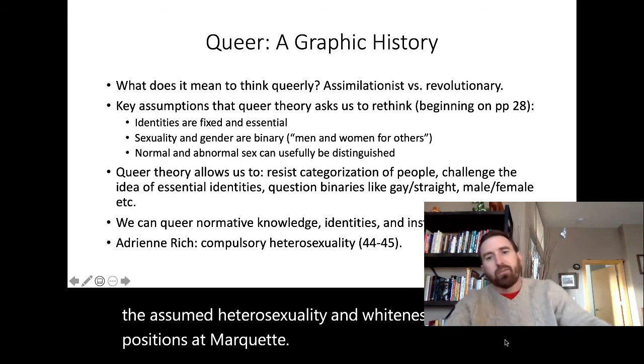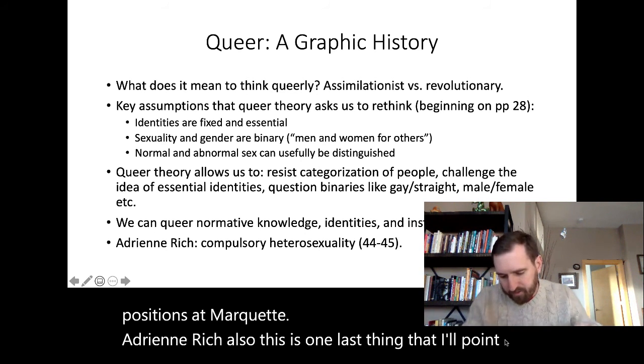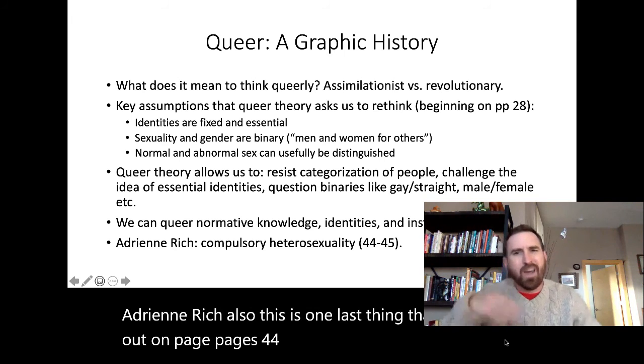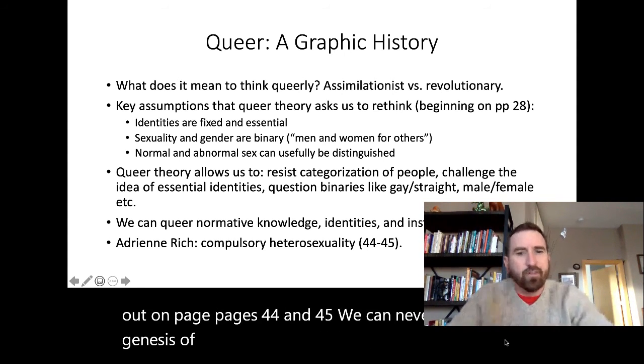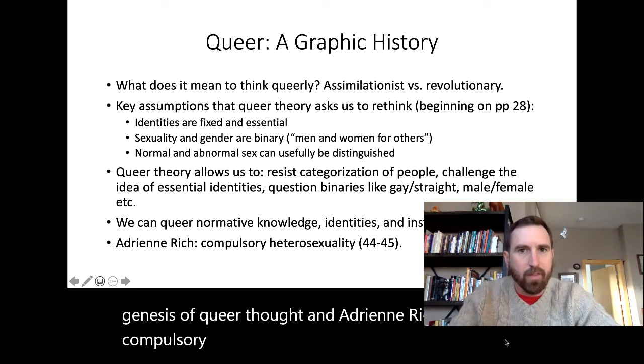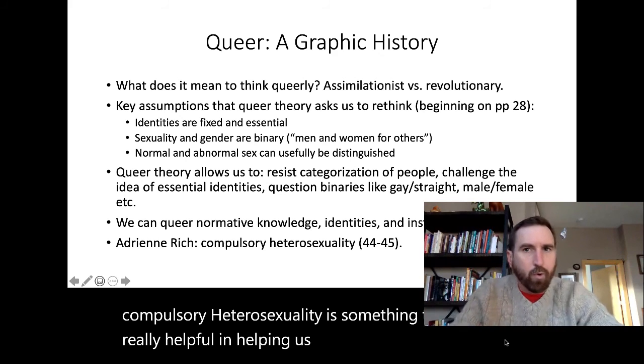Adrienne Rich also, this is one last thing that I'll point out. On pages 44 and 45, we are getting the genesis of queer thought. And Adrienne Rich's compulsory heterosexuality is something that I find really helpful in helping us to think through queerness.